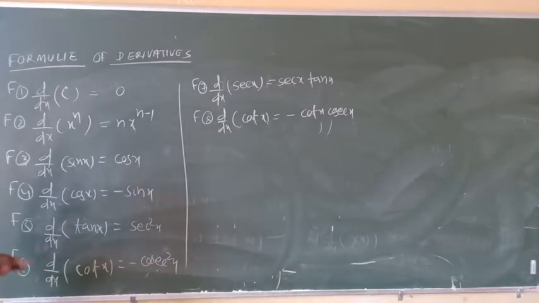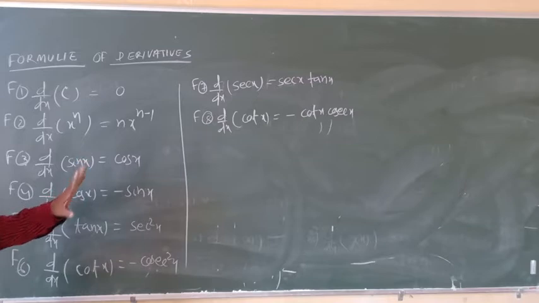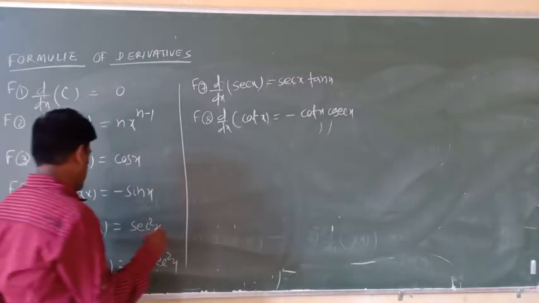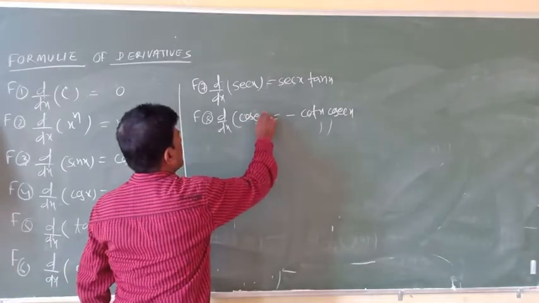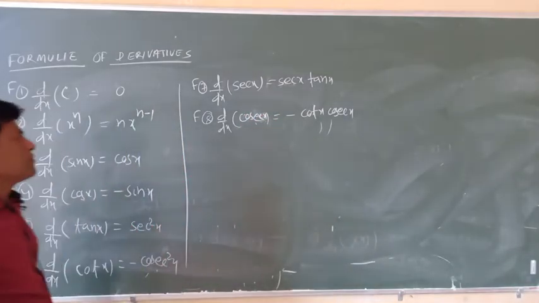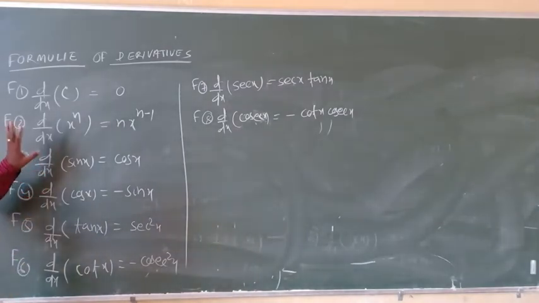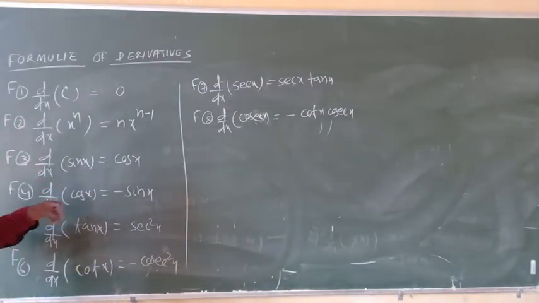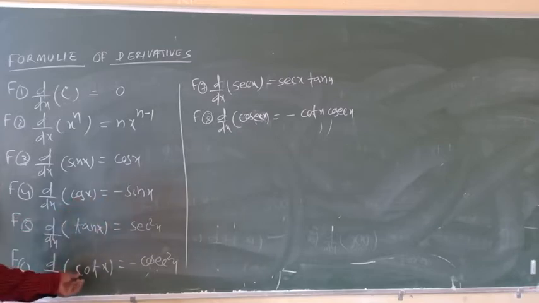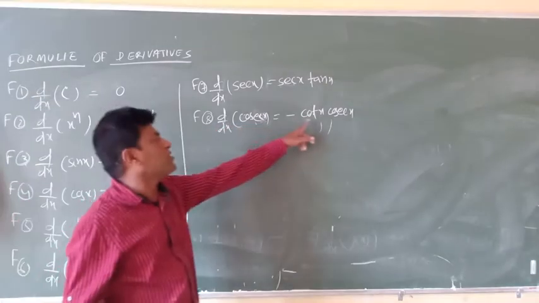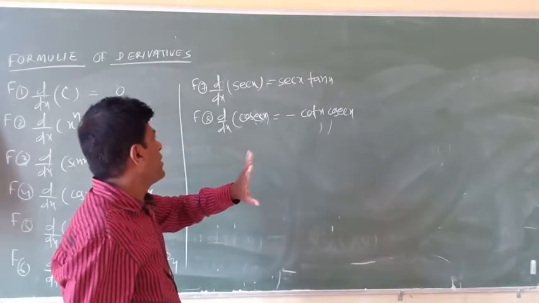But remember the trigonometrical functions which start with the letter C: cos, cot and cosec. All of them are negative. Here cos is minus sin x, cot x is minus cosec square x, and cosec x is minus cosec x cot x. That must be remembered. It is very important for you.